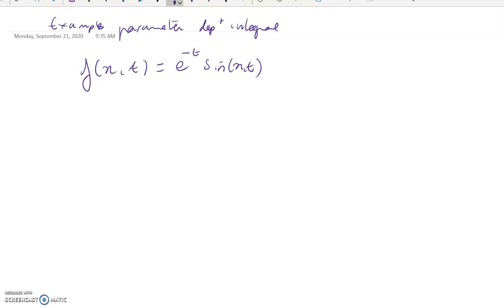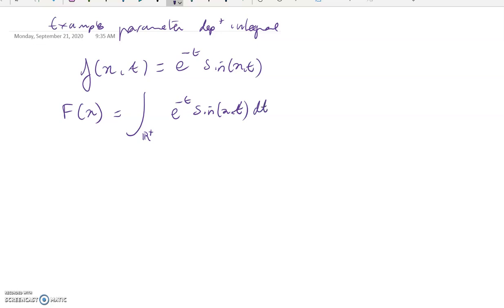And I want to define my function capital F of x, which is going to be the integral on, let's make it R plus, of e to the minus t sine of x times t, dt, right?